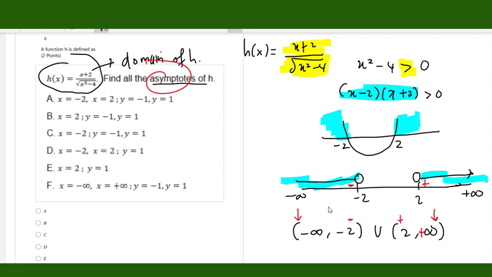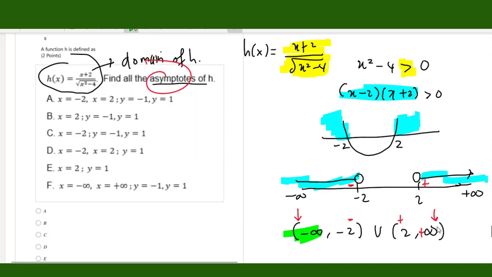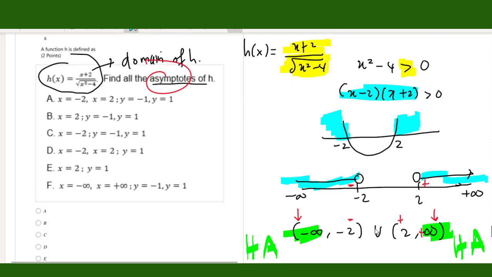For x tending to negative infinity and infinity, maybe it produces a horizontal asymptote. For x equal to negative 2 or 2, maybe we can find a vertical asymptote. So we need to find the limit as x tends to negative infinity, negative 2 from the left, 2 from the right, and positive infinity.